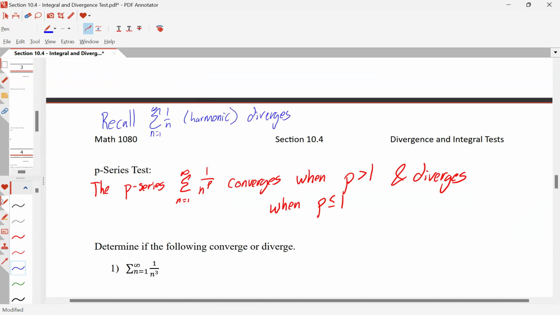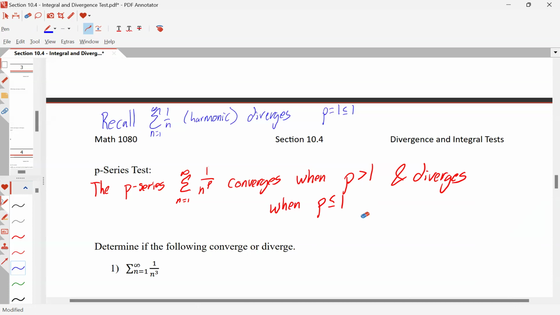We showed it diverges because of integral properties and the definition of series convergence, but it also diverges because of the p-series test. p, in this case, would equal 1, which is less than or equal to 1, and that is when the p-series test shows a series diverges. So, another property for why the harmonic series diverges is due to this p-series test.